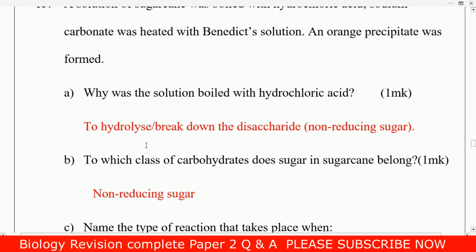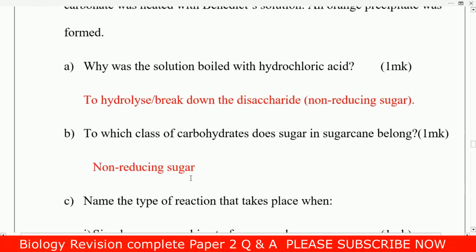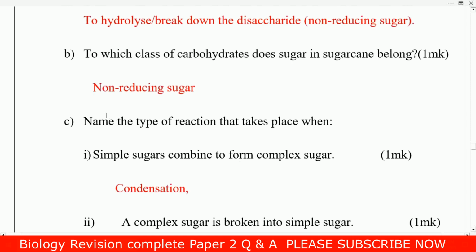Number 2, you are told to which class of carbohydrate does sugar in sugarcane belong? That one is non-reducing sugar. Number C, name the type of reaction that took place when simple sugars combine to form complex sugar. That one is condensation.